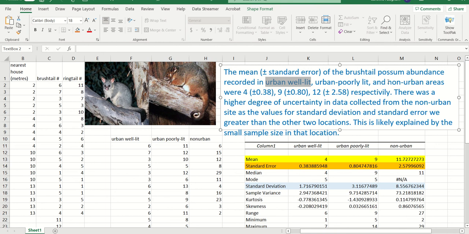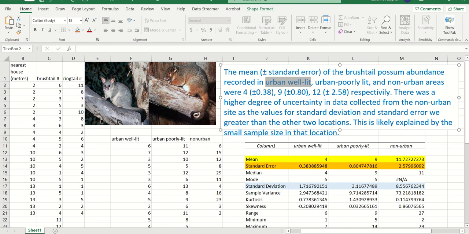Now, as I said before, there was a higher degree of uncertainty in the data collected from the non-urban site, as the values for standard deviation and standard error were greater than the other two locations. Fair? I've already said the standard error up here, so I don't really need to give more evidence of that.